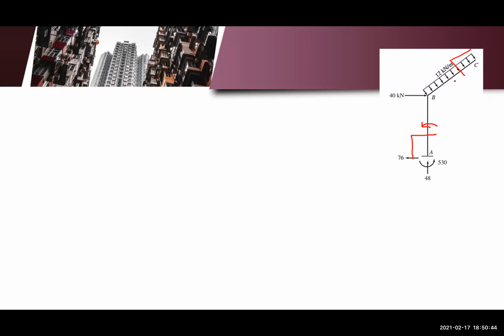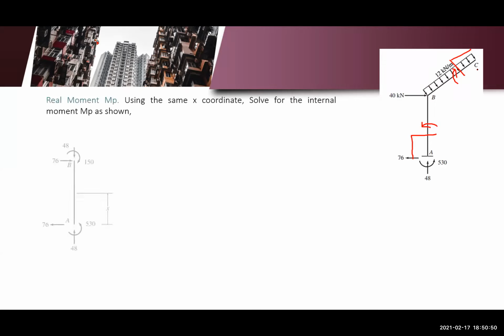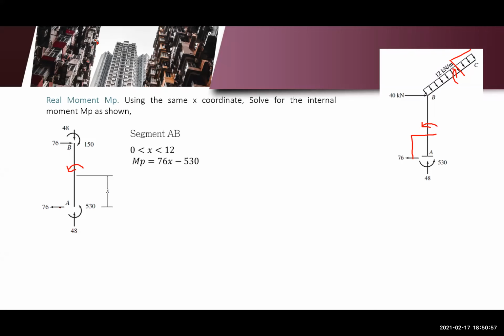Now, in this case, nagkataon, yung 12 kilonewton meter is perpendicular na sa member. So, you don't need to compute for the component. So, to get your MP, mandali lang. 76x minus 530. And then, yung 76 kasi 90 degrees perpendicular sa member.